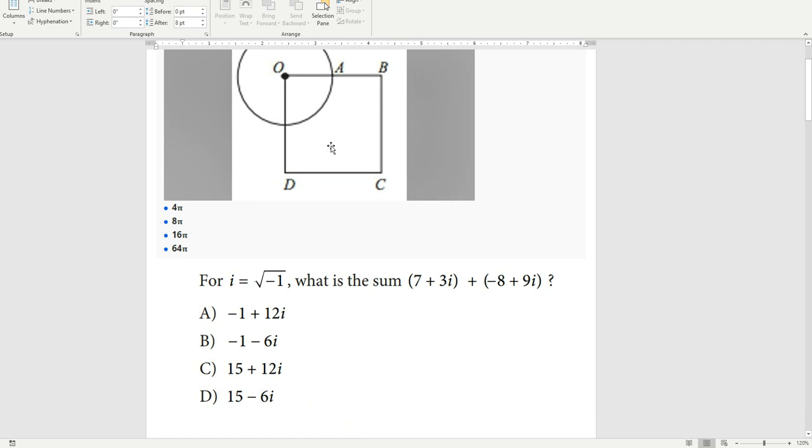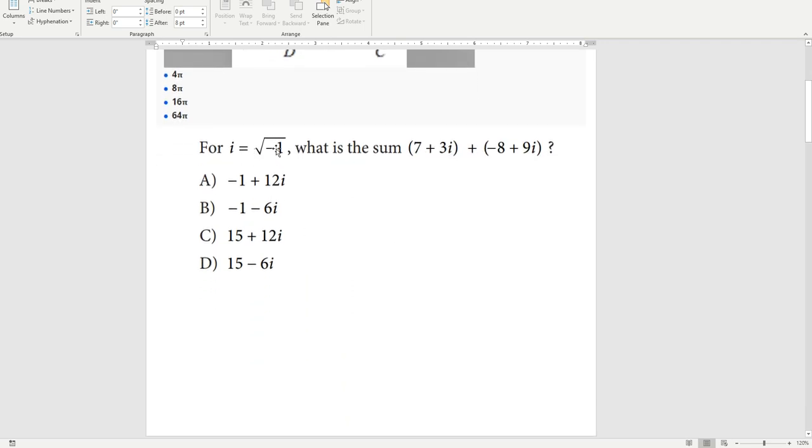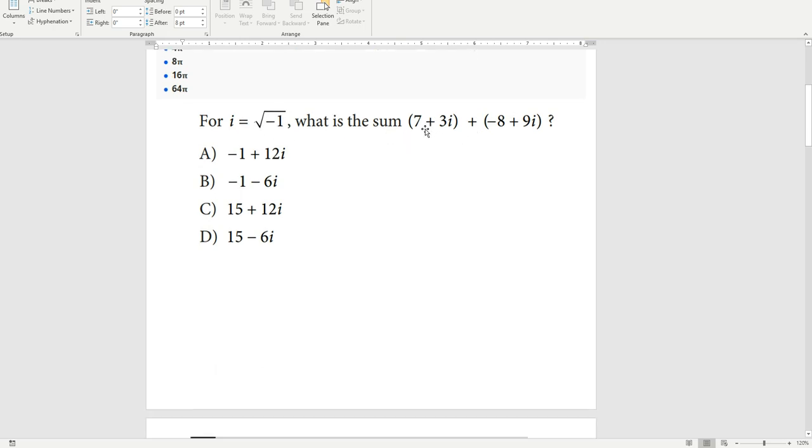Okay. All right. Next question. For i equal to the square root of -1, what is the sum of 7 plus 3i plus -8 plus 9i? All right, this looks like not a hard question, okay?